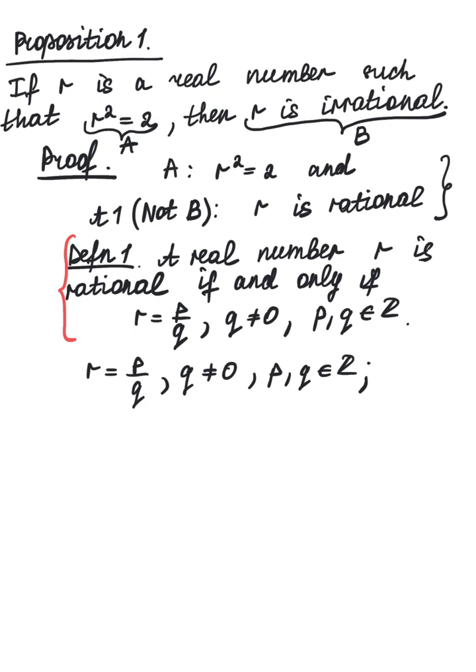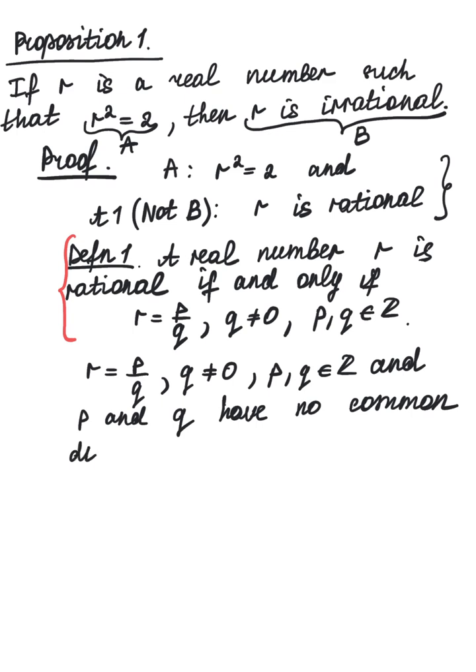Let me write it down: p and q have no common divisor. What does it mean? It means that there is no integer that divides both p and q.